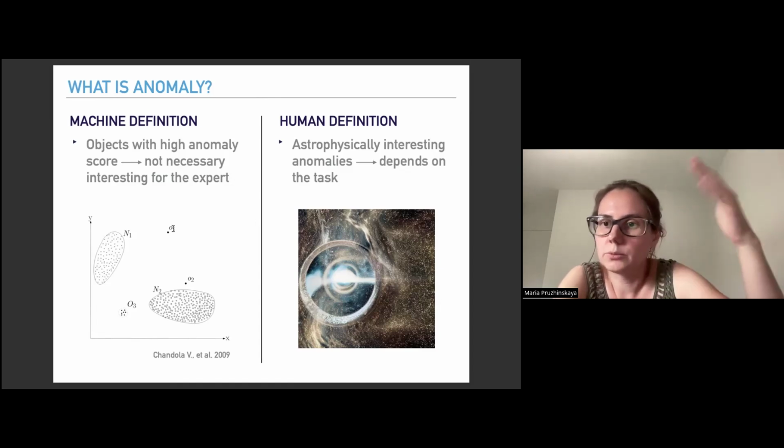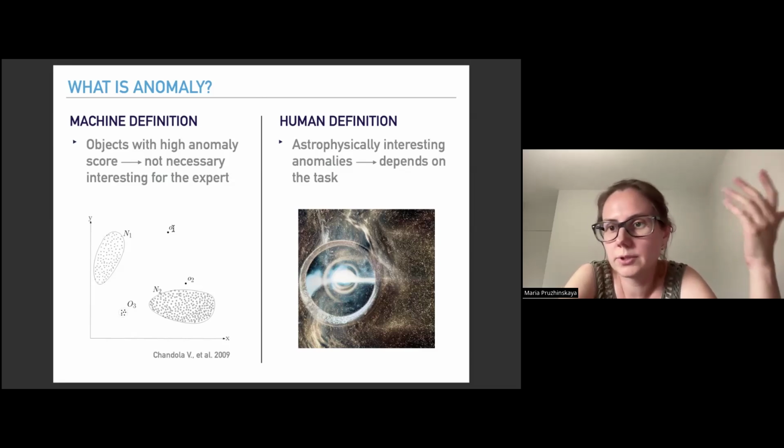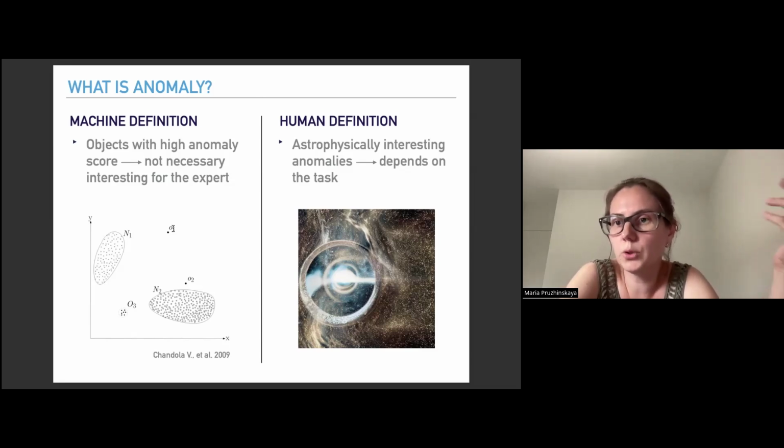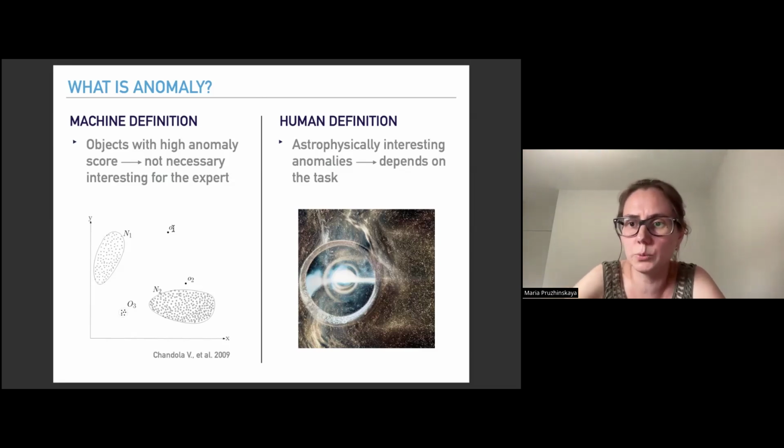So imagine some supernova light curve, and there could be a few points that just have wrong photometry. From the point of view of the algorithm, the light curve would look weird, so it could point it out as an outlier. From the point of view of a human expert, it will be rather clear that this is a normal type 1a supernova, and these 2 or 3 points are just some problems with the photometry.